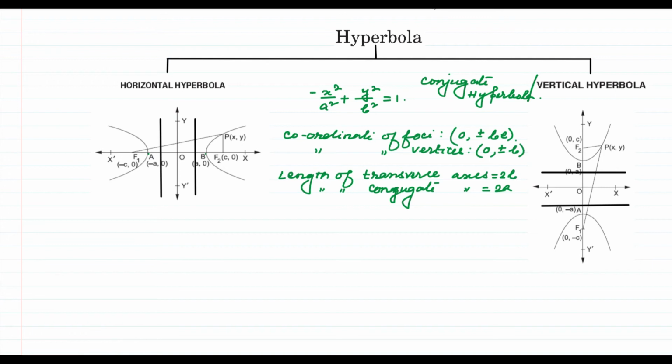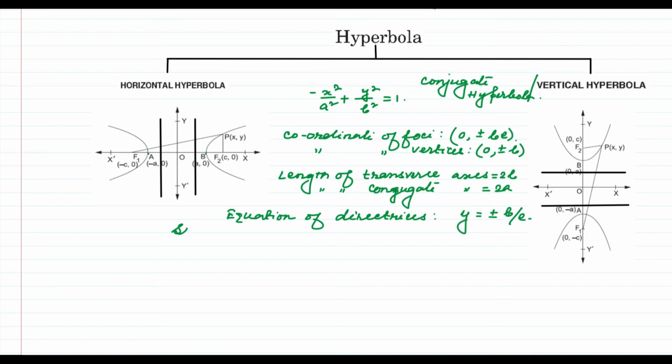Now come to the equation of the directrices. The equations of the directrices are y equals plus minus b by e.